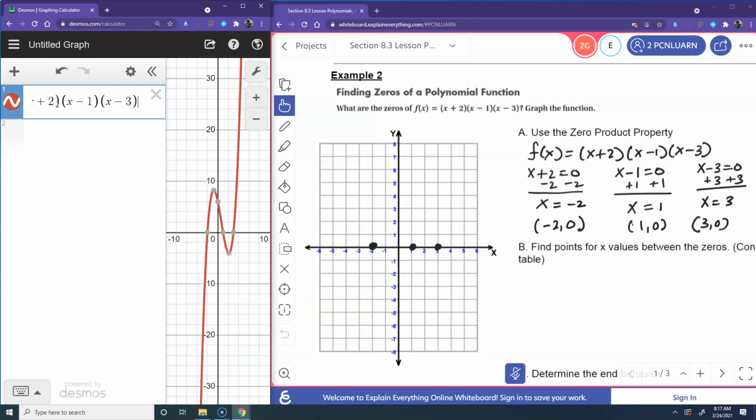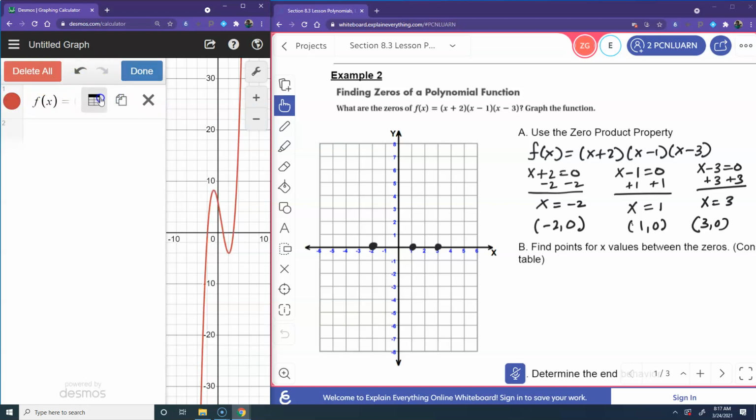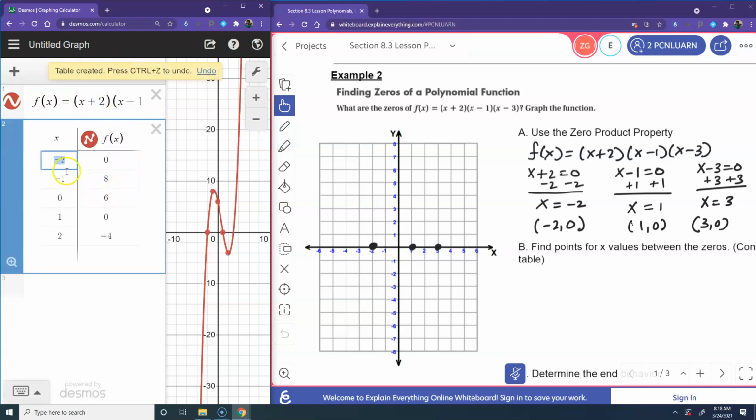I know that we have a picture of it right now, but what we're going to do is look at our table. And we probably want to start at negative 1. We have negative 1, 8. You see that's kind of like the highest point there.